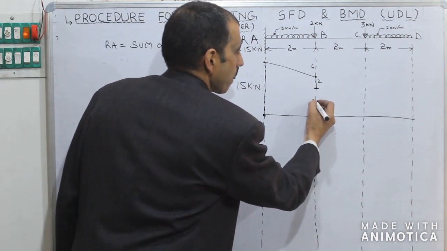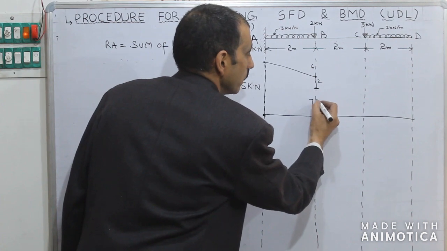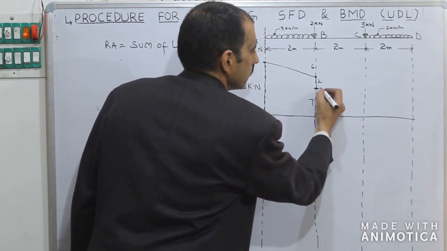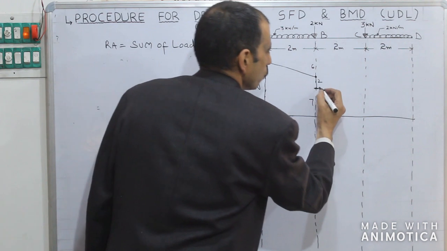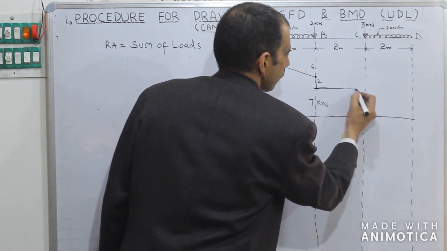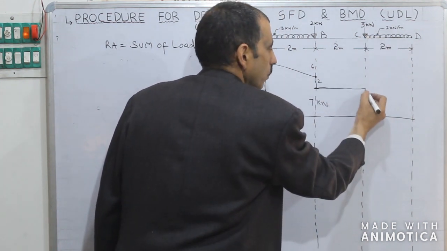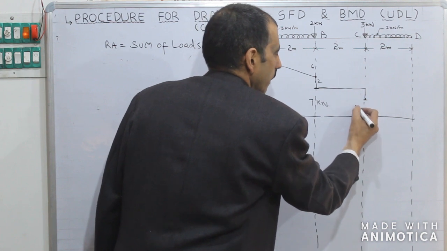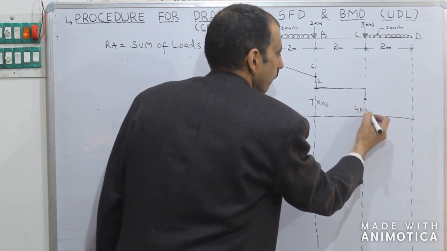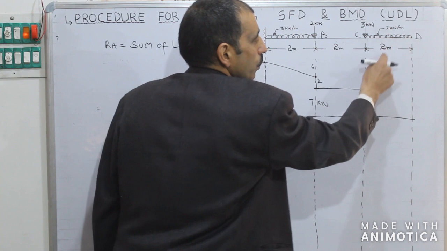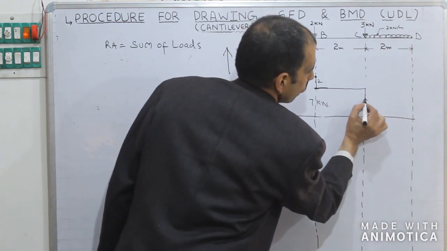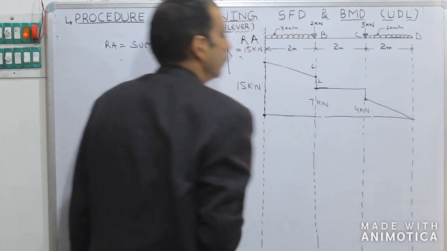Remaining is 7 kN. Straight from B to C, there is no load. Again, downward is 3 kN, and here the remaining is 4 kN. Again, 2 into 2 is 4, with a slope because this is the UDL.